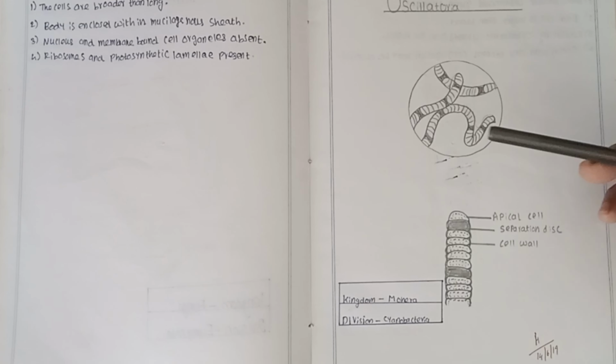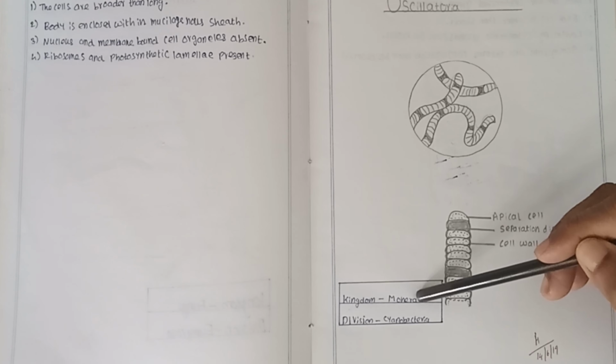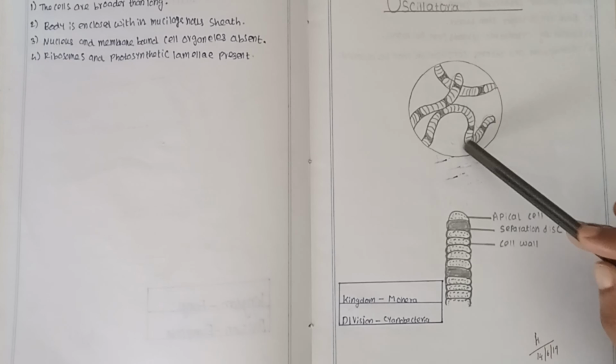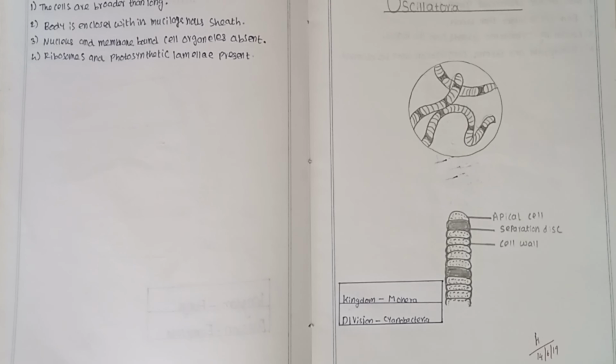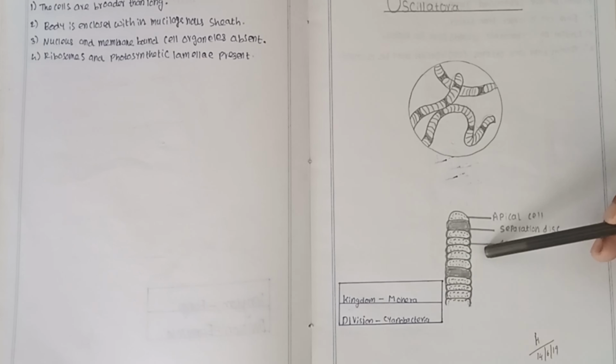There is no true nucleus seen in kingdom Monera. Bacteria and cyanobacteria are the members of kingdom Monera. Here we can see one of the cyanobacteria, oscillatoria. This is the colony of oscillatoria. We can identify the apical cell, septum, septal disc, and cell wall.